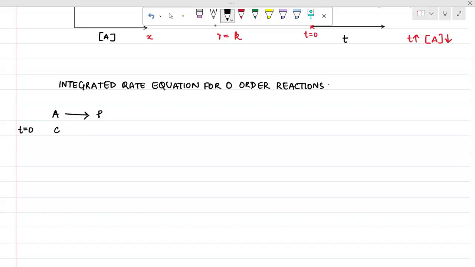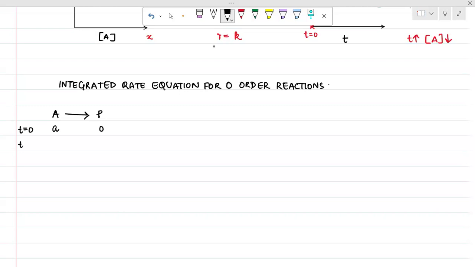You have to understand by looking at the question. It will come through practice, don't worry. Let's say the value of the initial concentration is a, and you don't have any products.